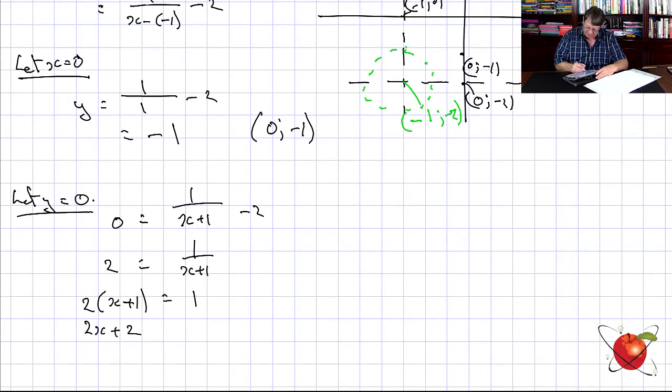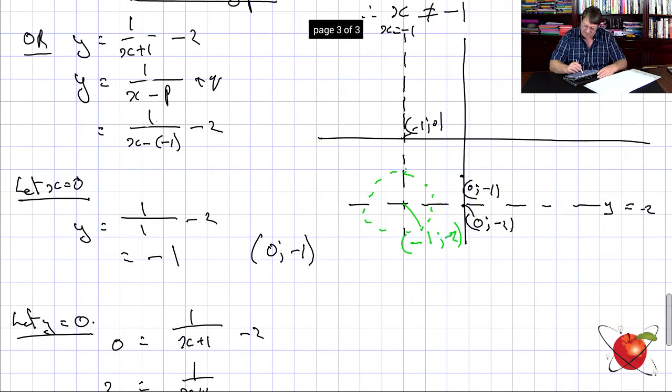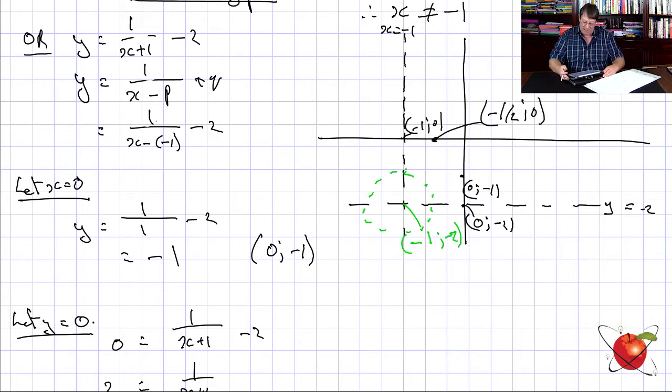Therefore, 2x plus 2 equals 1. 2x is equal to 1 minus 2. Therefore, x is equal to minus a half. Coordinates, y was 0, so minus a half and 0. Plot the last point. It's over there, minus a half and 0.